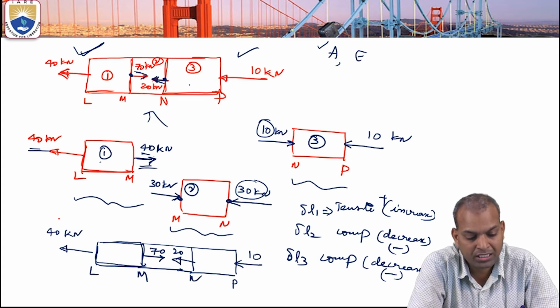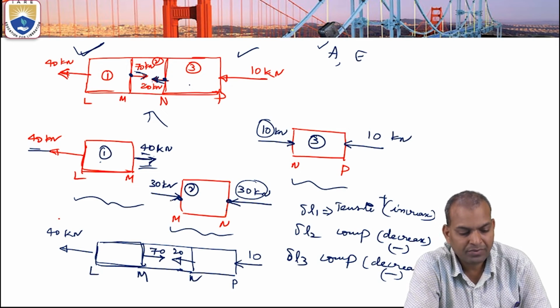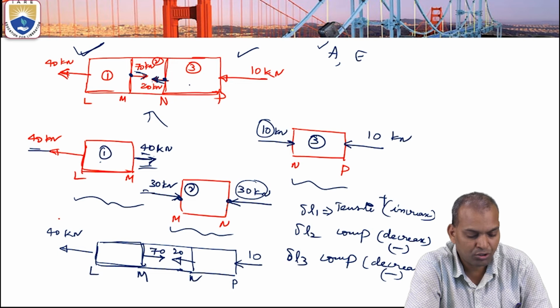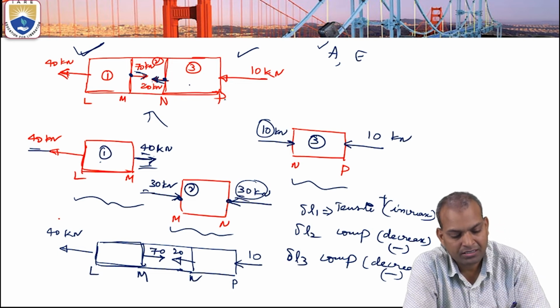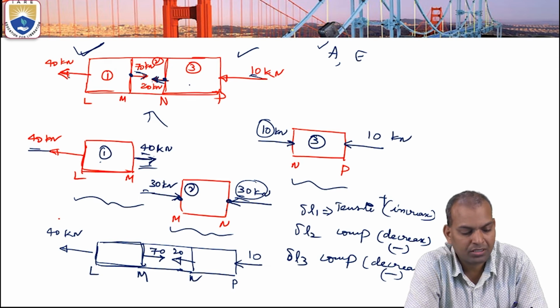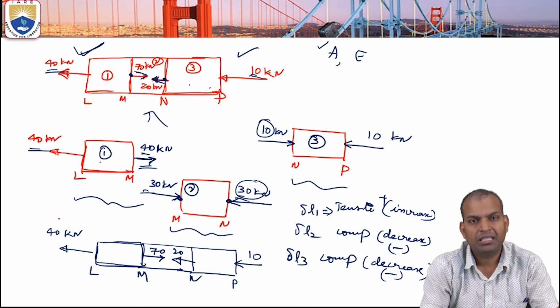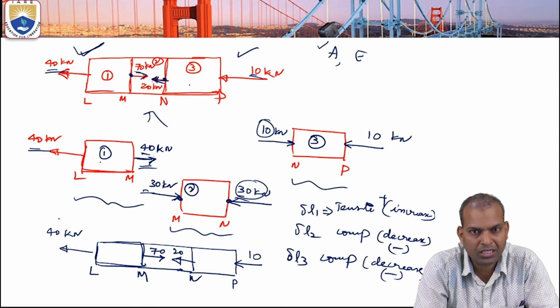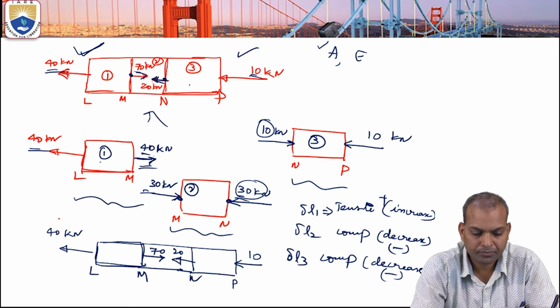Otherwise, for section 2 here it looks like 70 and 20. But after drawing the free body diagram, it is not 70 and 20, it is 30 kilonewtons acting on it. Here 10 kilonewtons compression, here 40 kilonewtons tensile. But what is the value of the compressive load in the middle section? That can be known only by drawing the free body diagram.